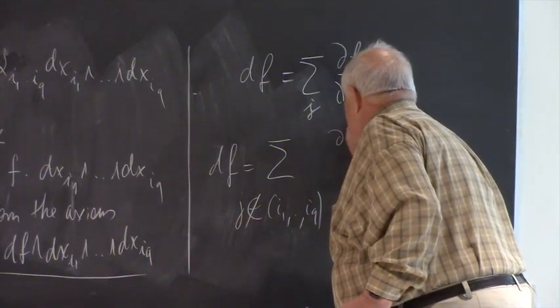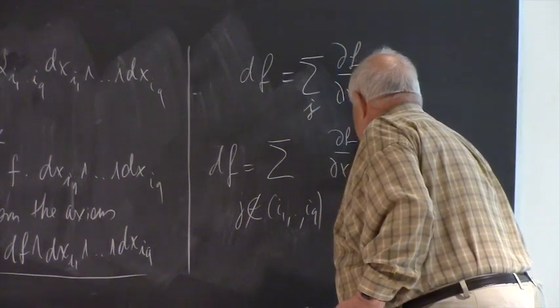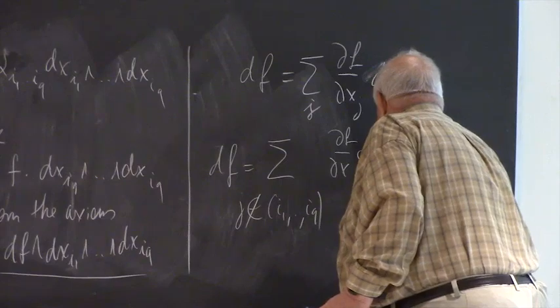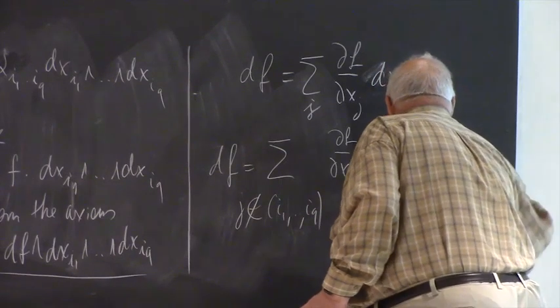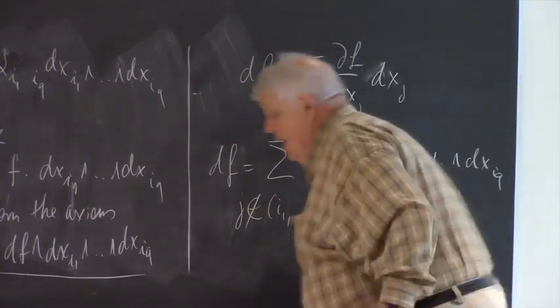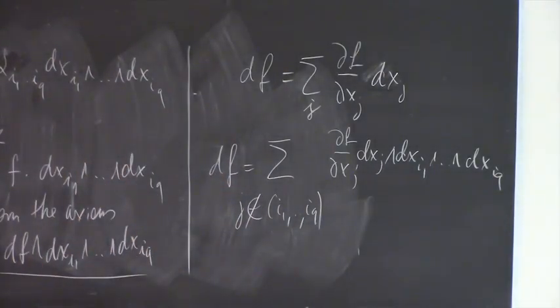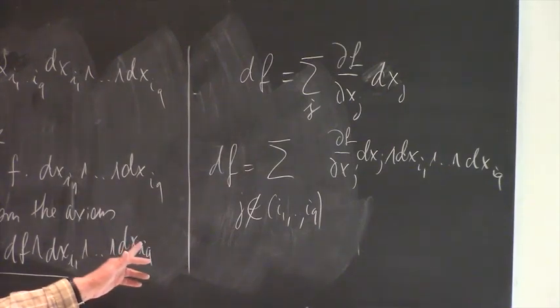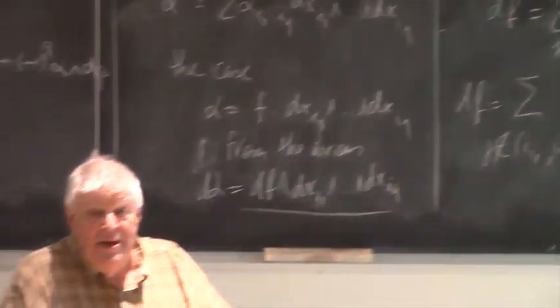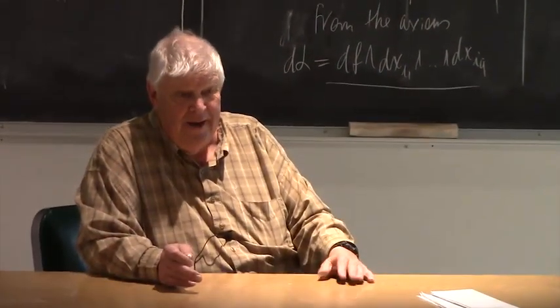And here I write df over dxj, dxj, dxi1, ..., dxiq. You may find this expression not satisfactory because I had in mind that i1, ..., iq formed an increasing sequence. If I write like this, then j is not necessarily less than i1.